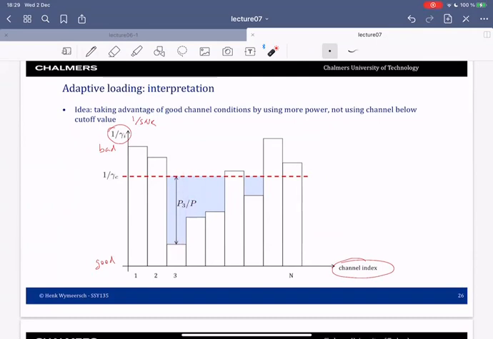We see that for channels that are very good, on the low side here, there's a big difference between 1 over gamma and the water level, so we allocate a lot of power. Some channels are worse, so we allocate less power, and some channels are above the water level and we allocate no power at all. As before, we can raise the water level or reduce the water level. When we raise the water level, we'll have another line like this, and that means we will use more total power.